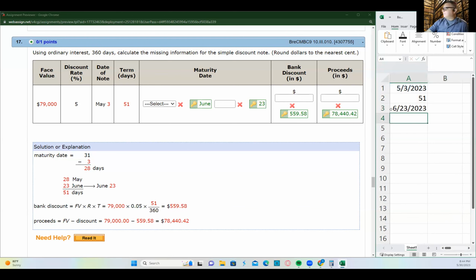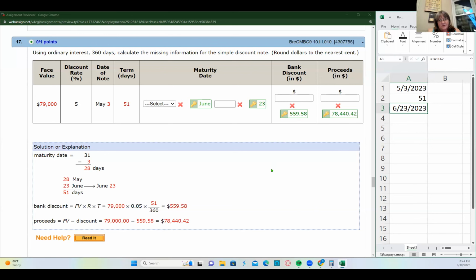It's going to put it in date form right there, exactly when my maturity date is. So if you have access to Excel, all you have to do is type in the numbers and it will do it for you. If not, then you just have to go to the calendar and do it the old fashioned way.